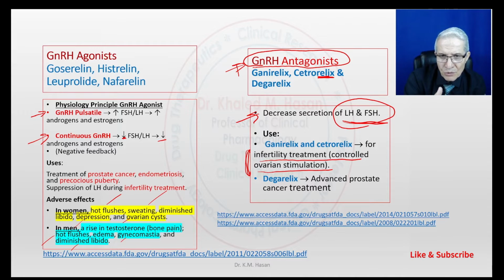Moving to the next, the third medication, degarelix. Degarelix is used for patients with advanced prostate cancer. So you can see it here, degarelix for advanced prostate cancer. If you speak about cetrorelix, use it for treatment of infertility.